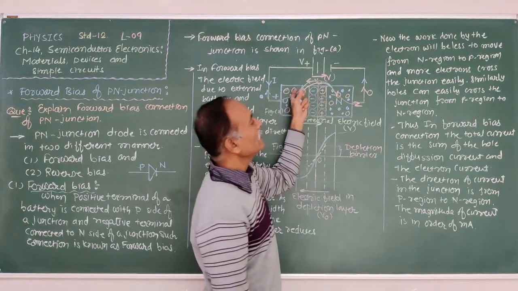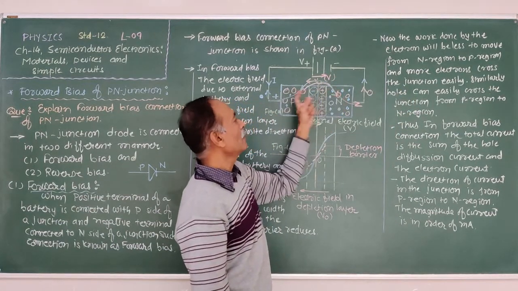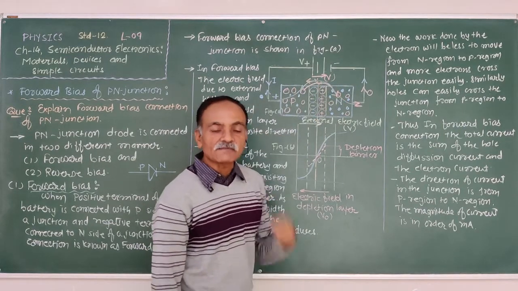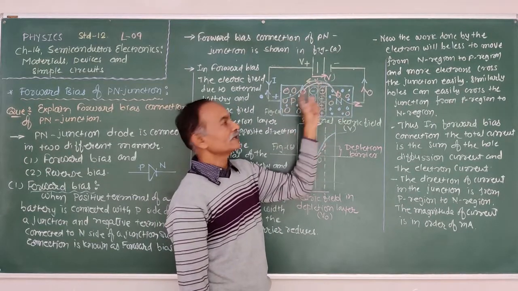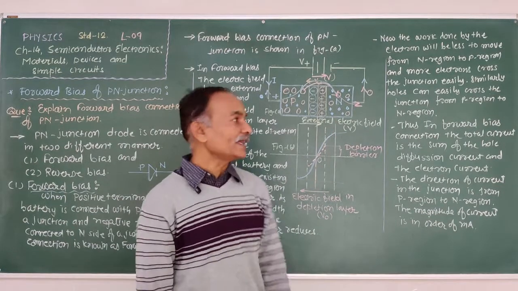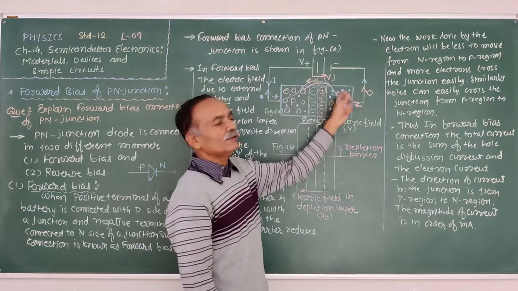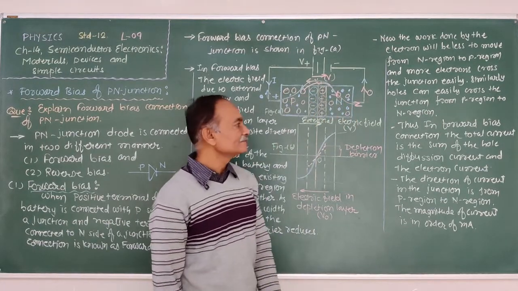Similarly, the holes can easily cross the junction from P to N. It means the work done by the electron to cross the junction is very small, so it can easily cross the junction. Similarly, the hole from P to N easily crosses the junction.